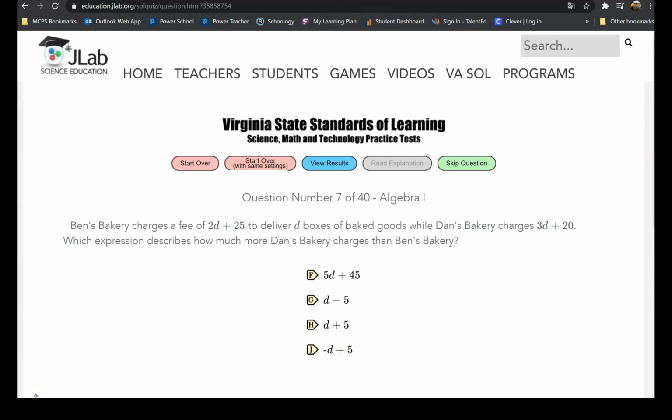Ben's Bakery charges $2 a box plus $25 to deliver baked goods. Dan charges $3 a box plus $20 for the same thing. Which expression describes how much more Dan's Bakery charges than Ben's Bakery? So how much more one charges than the other tells me that that's a subtraction problem.